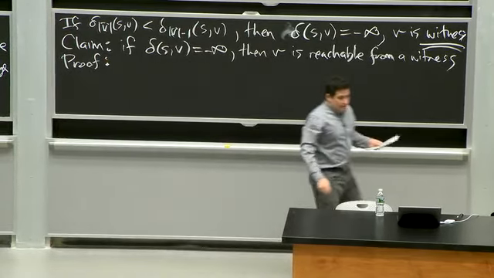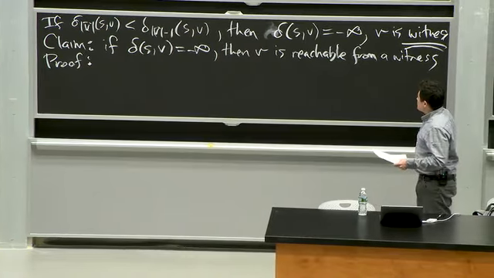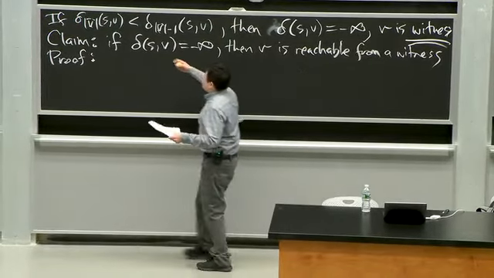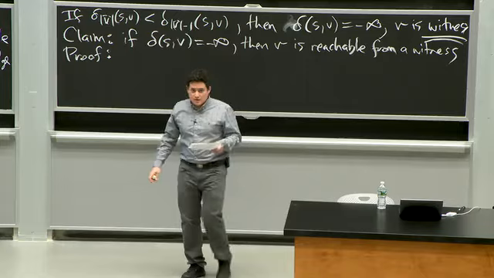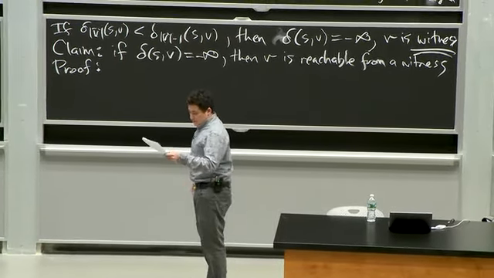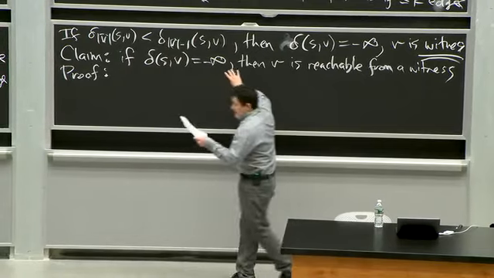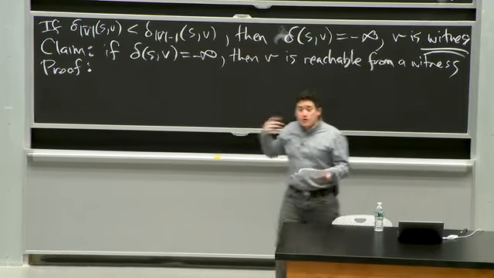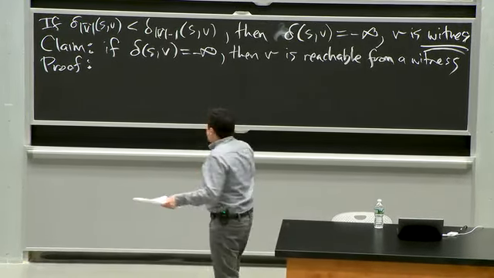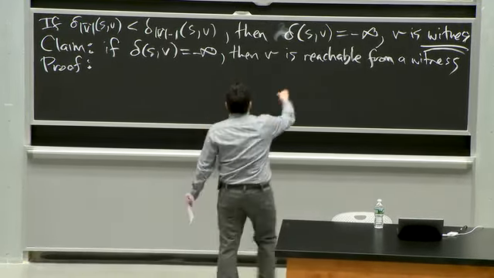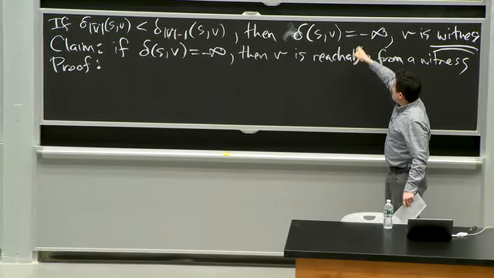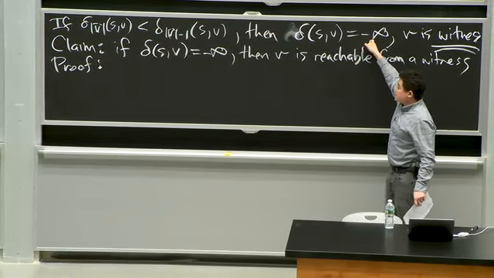Well, let's consider, I'm going to state a somewhat stronger statement that we'll prove instead. It suffices to prove that every negative weight cycle contains a witness. If we were to prove that, then every vertex with this property is reachable from a negative weight cycle by definition.